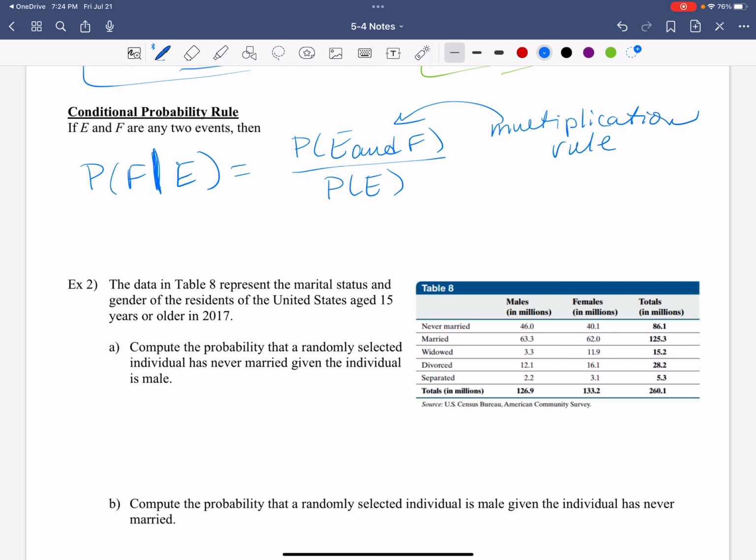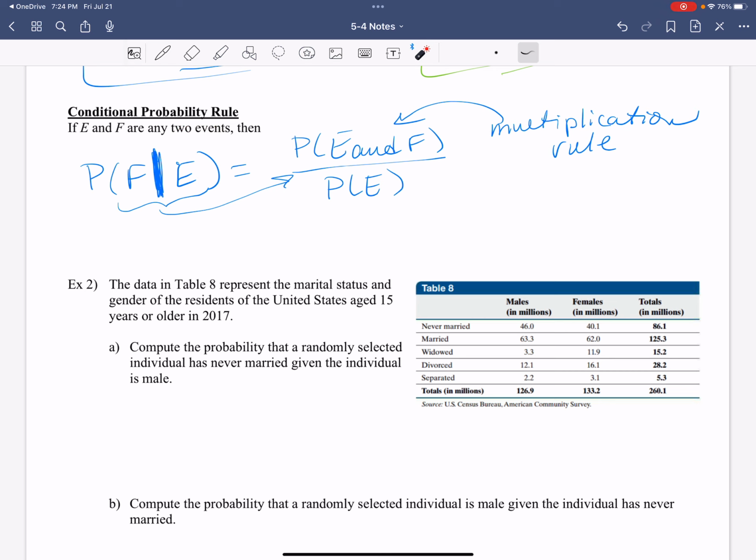So we do the multiplication rule if we need to for the numerator. But this bar right here is going to be that division bar. The two events together are the numerator.